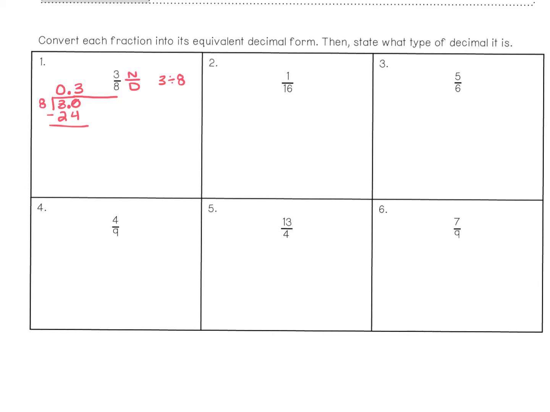Now I have to borrow, and I get 6. I'm going to add another 0 and bring it down. 8 goes into 60 7 times. 7 times 8 is 56.